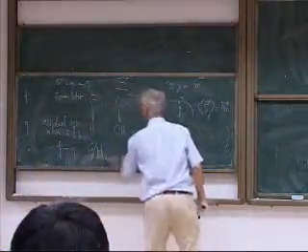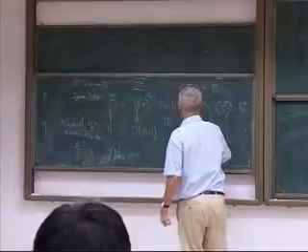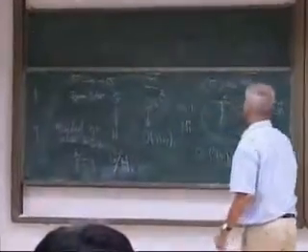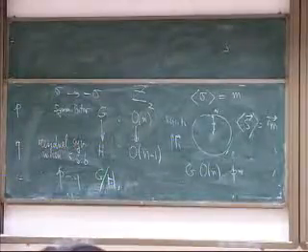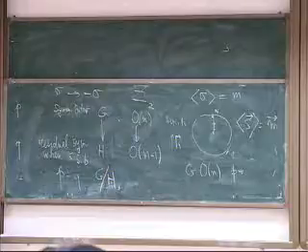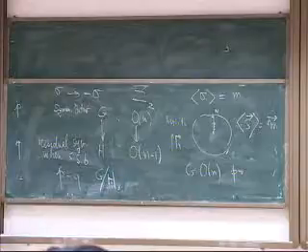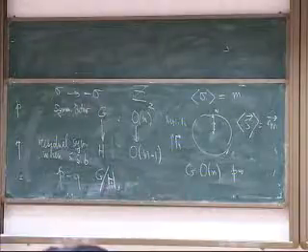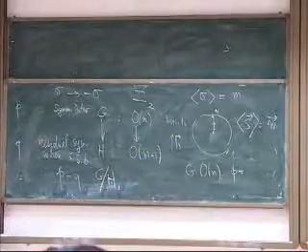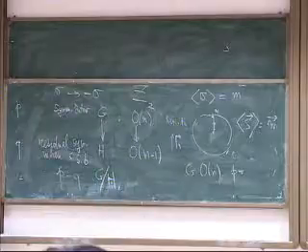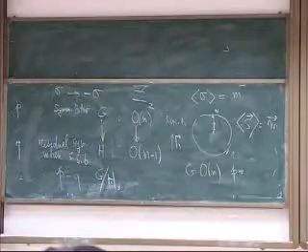Let's take the example here. G is O(n). What is P for O(n)? The number of parameters of the rotation group in n dimensions. It's not n. Well, you have to look at an infinitesimal rotation.